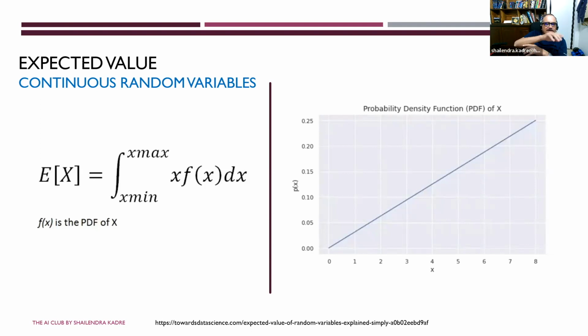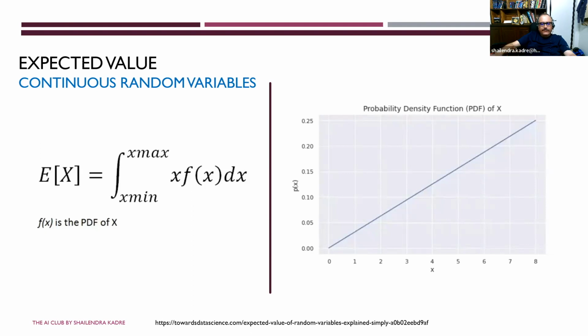So this Fx is nothing but your PDF. I'll give you a numerical example, then it will be clear. In that case, instead of summation, you have to use integration: integration from x minimum to x maximum of x into Fx dx.